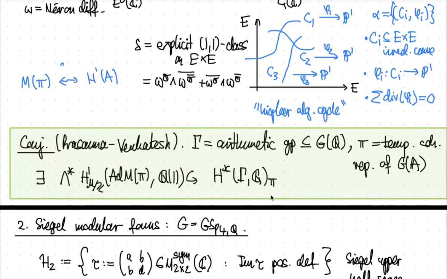And then actually we want to look at the adjoint motive. In the case that I studied, the adjoint is a twist of the symmetric square. Okay, up to a twist.